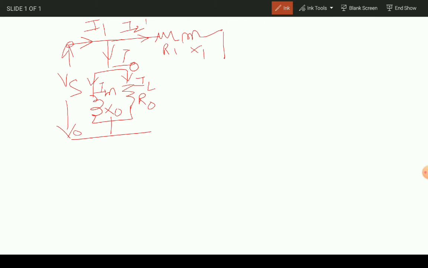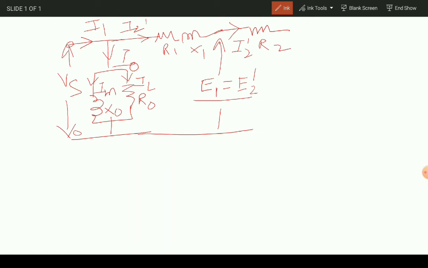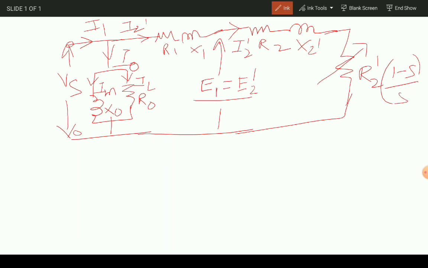Here we are not going to draw the separate windings because it becomes a single one now. Here we had the primary EMF or stator EMF. Now this rotor EMF E2 dash became equal, so both are in the same place. Then R2 became R2 dash, the current which was flowing here became I2 dash, and here it becomes X2 dash.